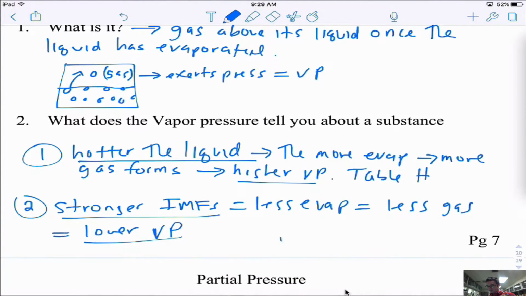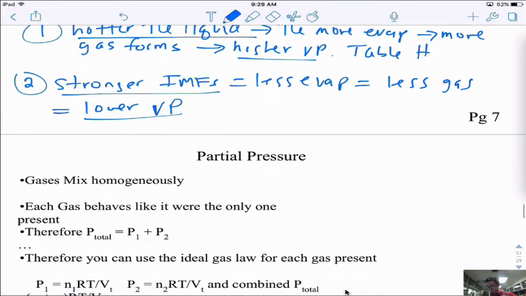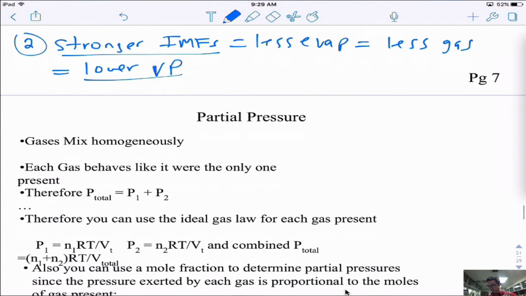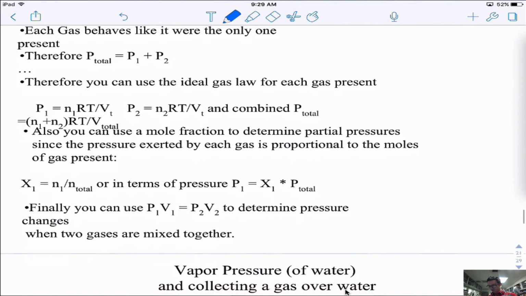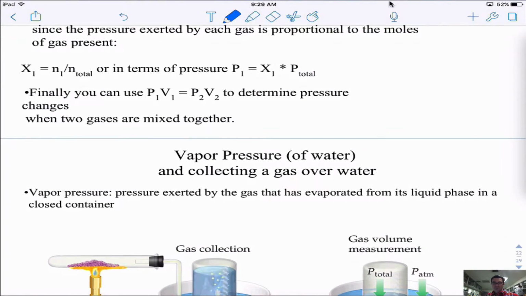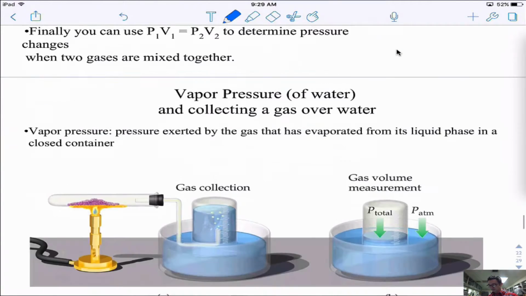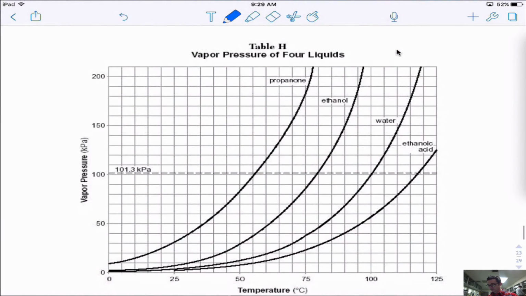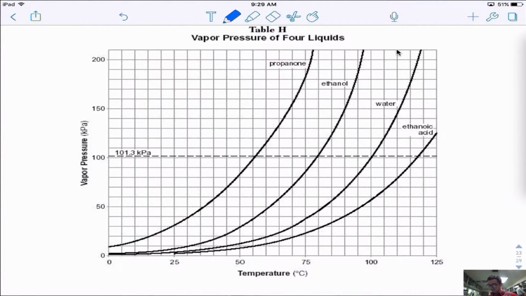Let's go on to vapor pressure again and talk about that. Let me show you the chart that I wanted to show you, Table H. This is showing you how the vapor pressure is affected by the temperature. What we can see is that as we increase the temperature, and I look at the vapor pressure, which I can highlight here, the vapor pressure will increase as the temperature increases.